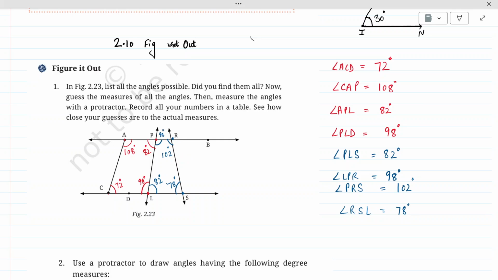There is another method, that is, we know that this complete angle is 180 degrees. So if this complete angle is 180 degrees, because it's a straight line, and I subtract one angle, we will get the other angle. See it this way.